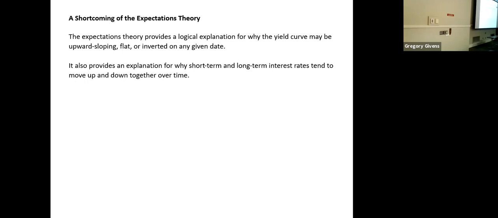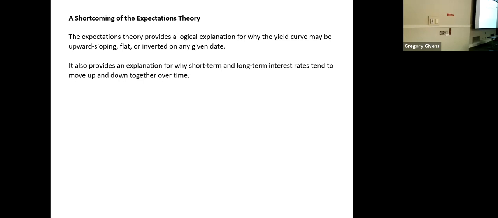Why is that? Well, it turns out that movements in short-term interest rates are usually pretty persistent in the US economy, meaning that if short rates start to rise, they tend to be high for an extended period of time, or above average for an extended period of time. All right?